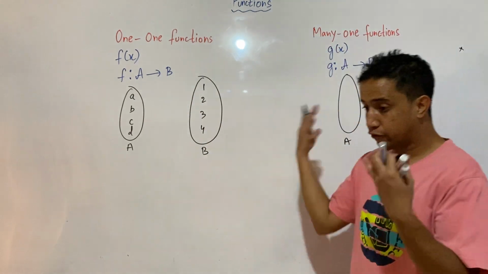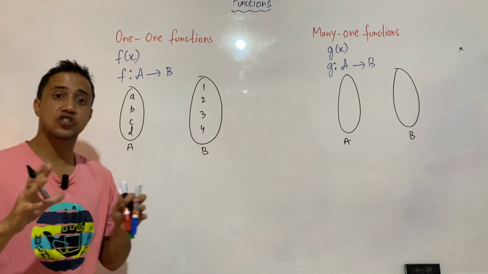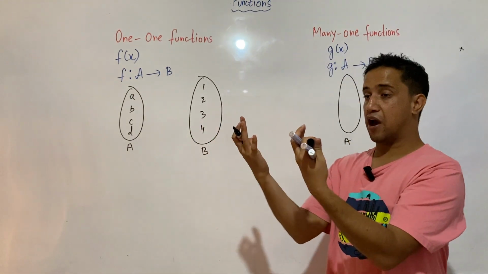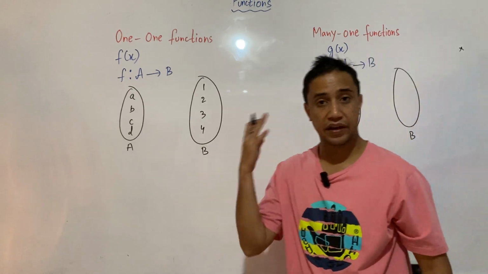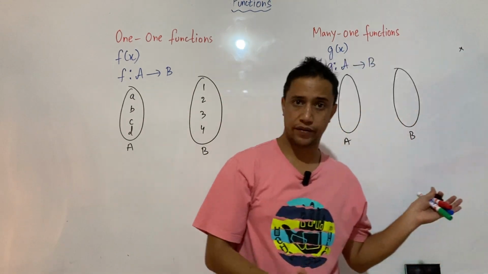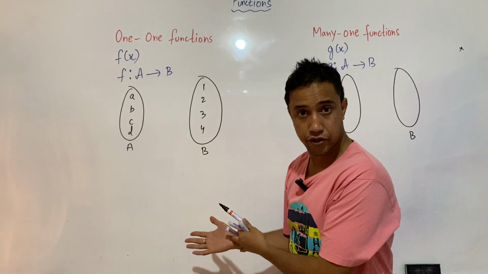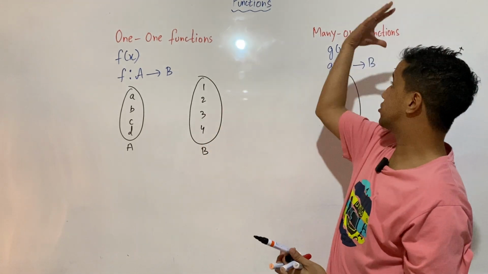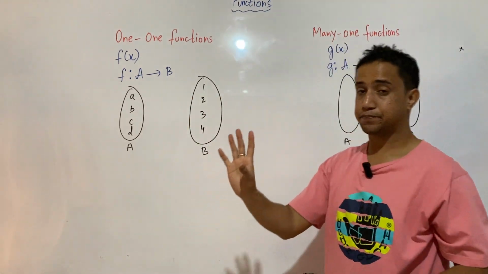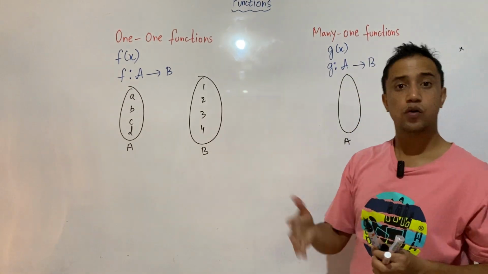But before figuring out whether a function is one-one or many-one, first we have to check whether the given relation is a function or not. Only if the given relation is a function can it be classified as one-one or many-one. So the first thing to check is whether it is really a function or just a relation. One-one and many-one are types of function, so once it is a function, then we can go for one-one and many-one.